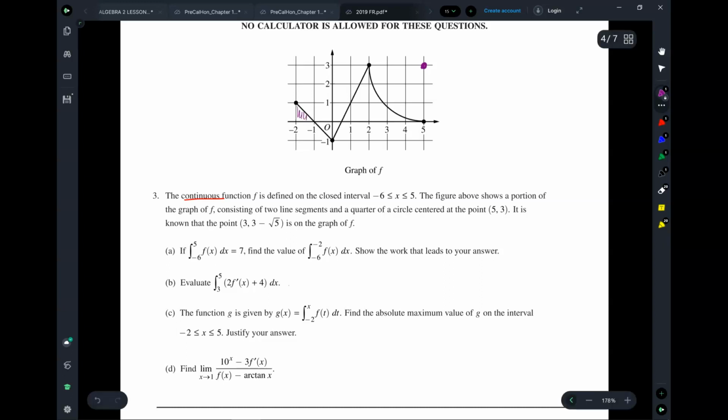Remember, when we say integral, it's the region between the graph and the x-axis. So it's all of these regions here. What we have to do is find all of these areas.